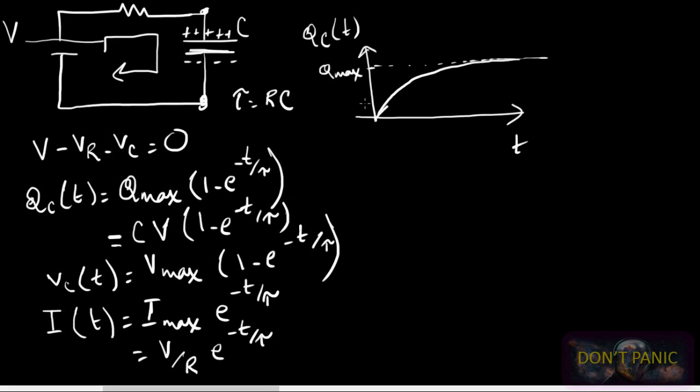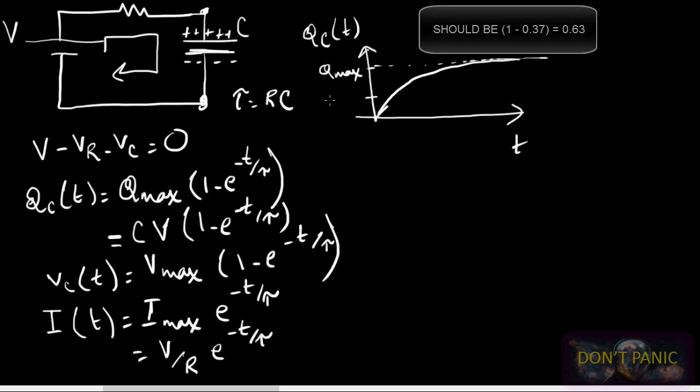When the capacitor is charging, if t is equal to tau, then it becomes 1 minus e to the minus 1, which is about 0.63, or 63%. So after one time constant, the capacitor is charged to about 63% of its maximum value.